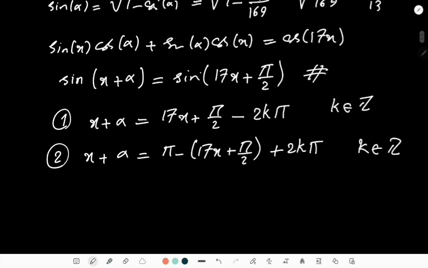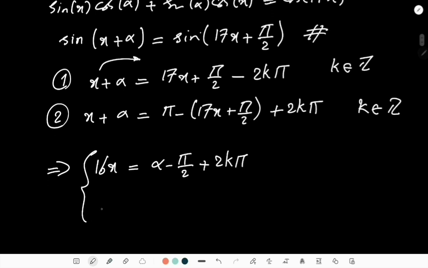And the first one gives me, well, take x to the other side and bring everything else to the left, and then I have basically 16x is equal to alpha minus pi over 2 plus 2k pi. And for the second part, I have 18x is equal to pi over 2 minus alpha plus 2k pi.